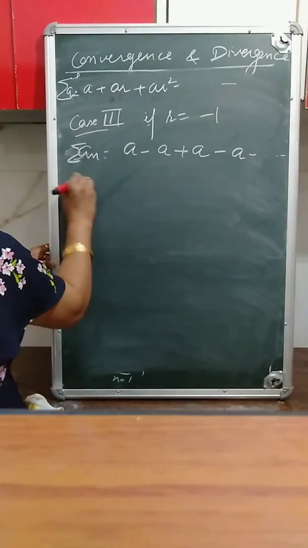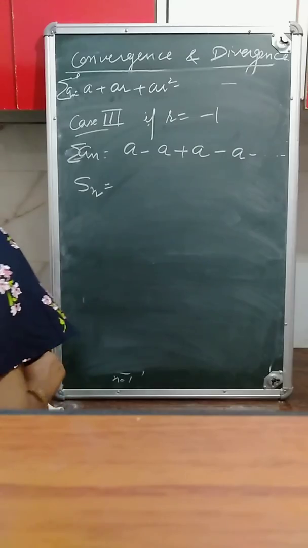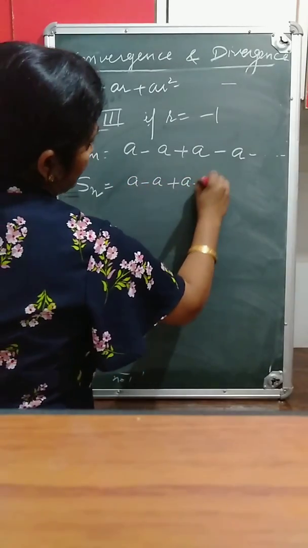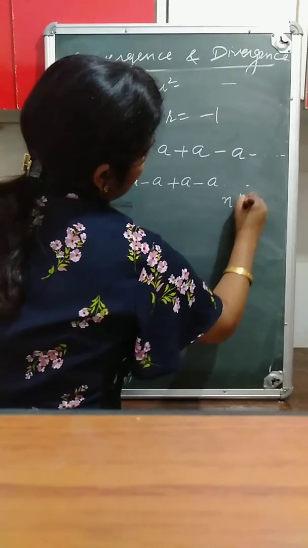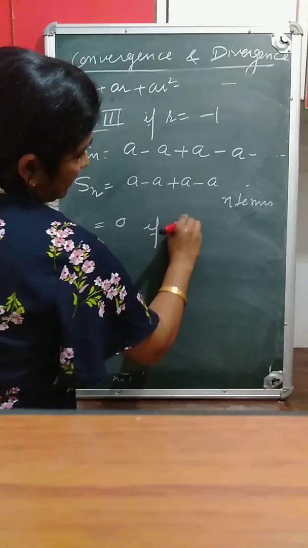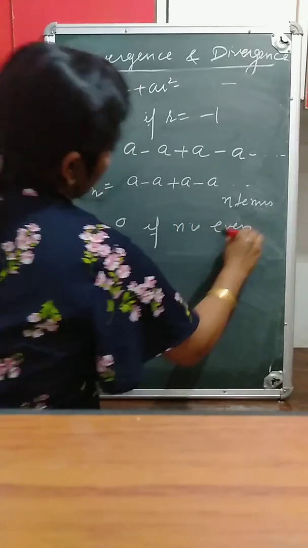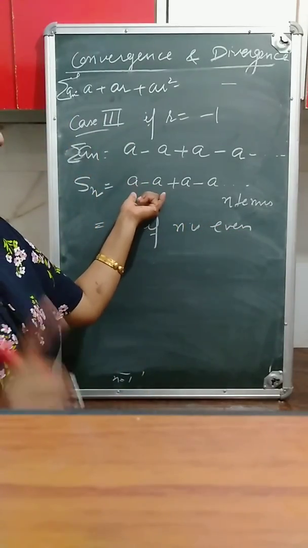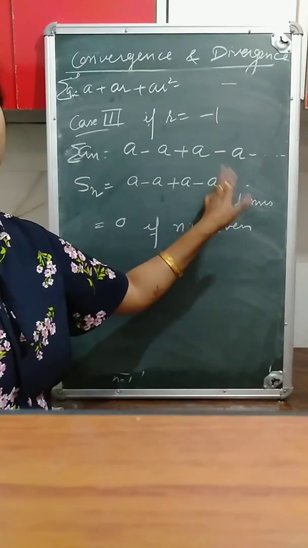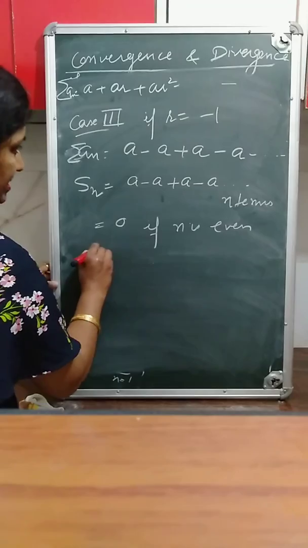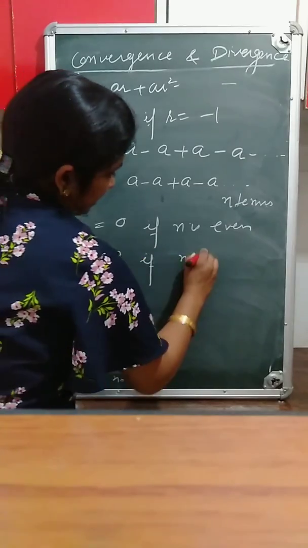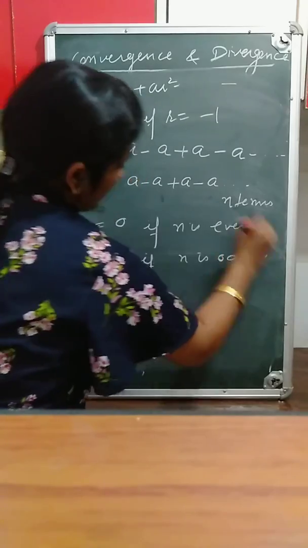And in that case, Sn will be a minus a plus a minus a up to n terms, and this is equal to 0 if n is even. Because 2 terms sum is 0, 4 terms sum is again 0, 6 terms the sum is 0, and this is equal to a if n is odd.